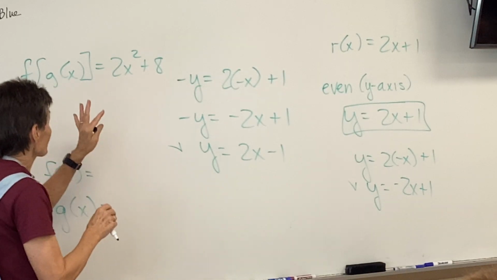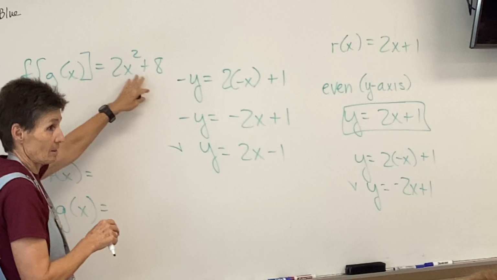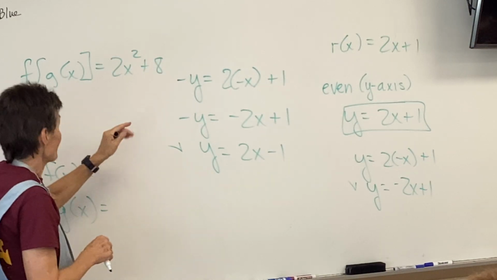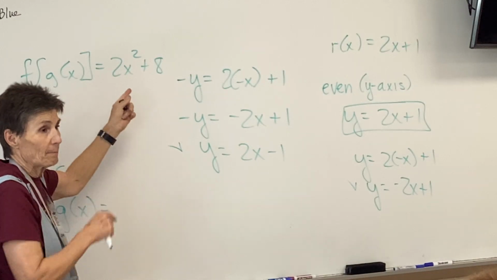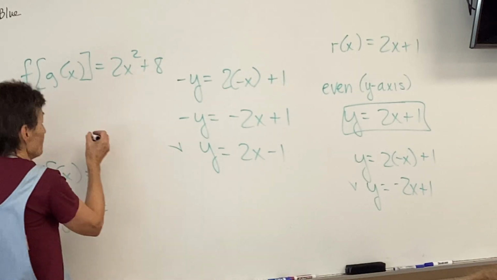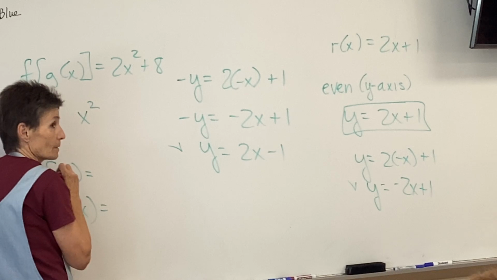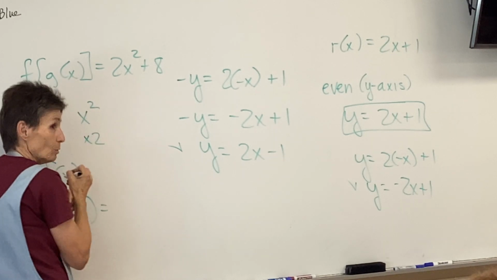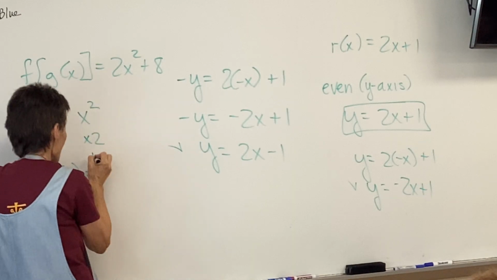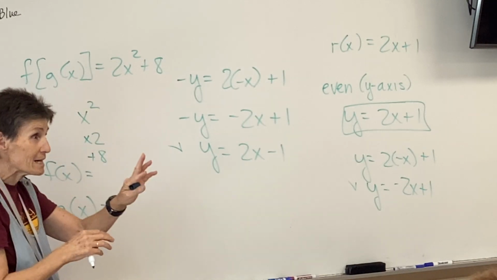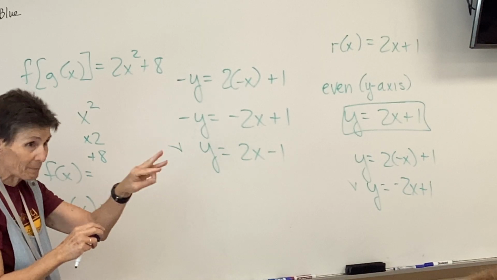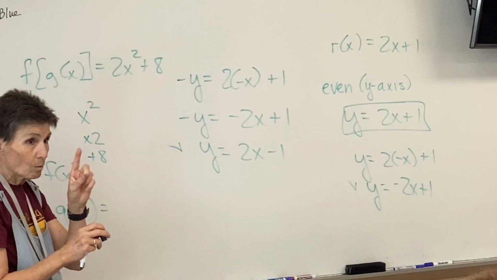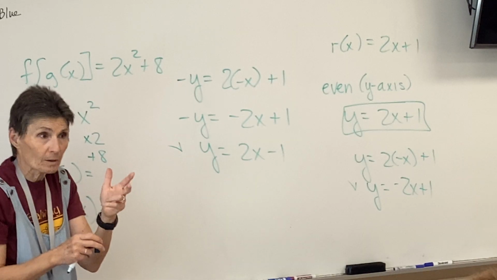One is, if I stuck a number in here, what does this function do to that number? If I put a 5 in there, the first thing I have to do is square. The second thing is times by 2. The third thing is add 8. So there are three things happening here, but I only have two functions, so something has to do 2.